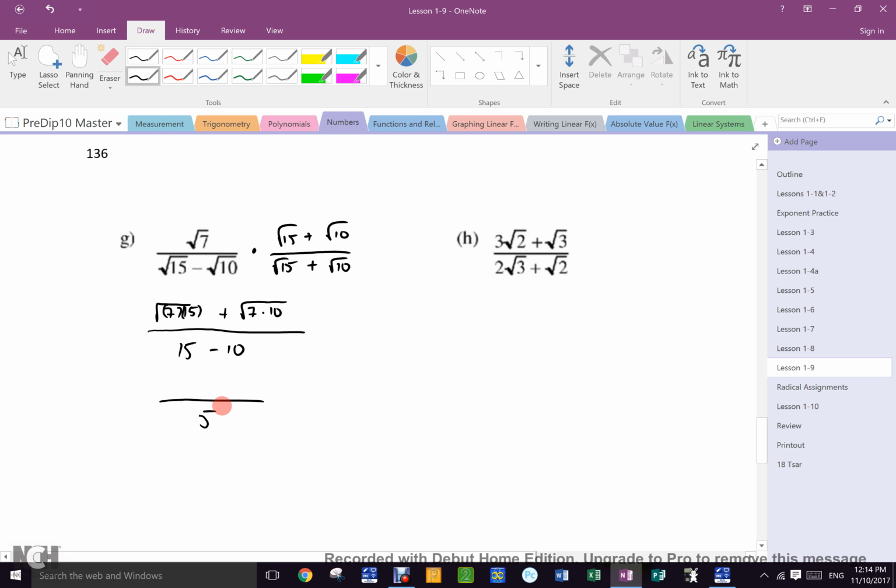Cool? Now, look closely here. Why did I leave it this way? Because it's already factored a little bit, yes? 15 is 3 and 5, correct? So I get 3, 5, and 7. Any pairs? No. So that is root 105. 7 and 10. 2, 5, and 7. Any pairs? No. So it's easy to simplify.